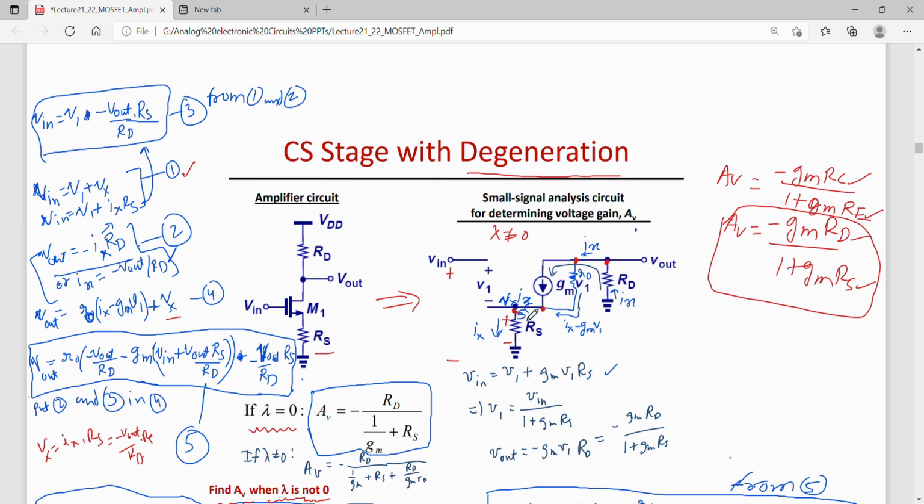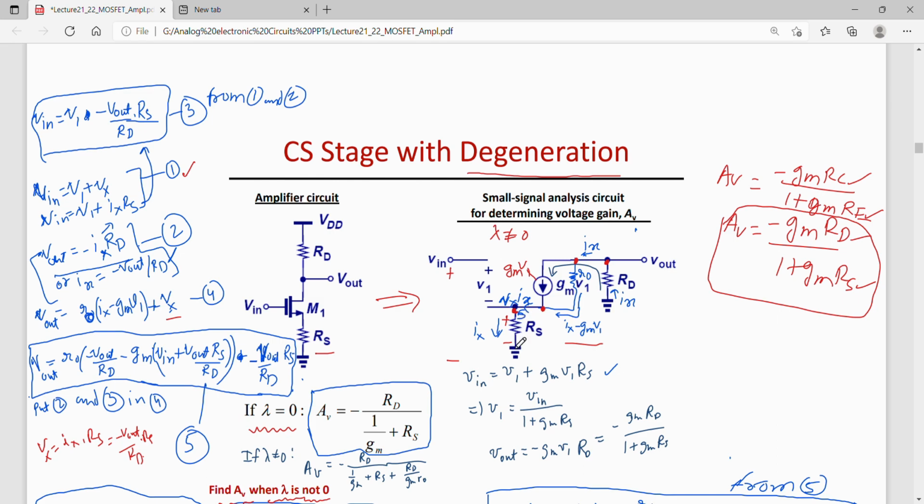Okay. And knowing that the current through this resistance RD is Ix, the current through R0 would be equal to Ix minus GmV1. Right, so this is GmV1. Right, so the current through R0 will be Ix minus GmV1. Okay.